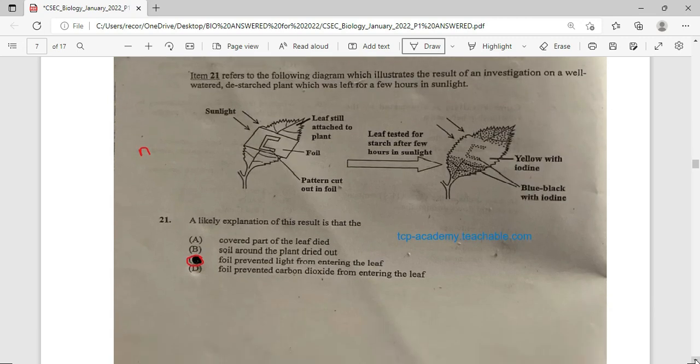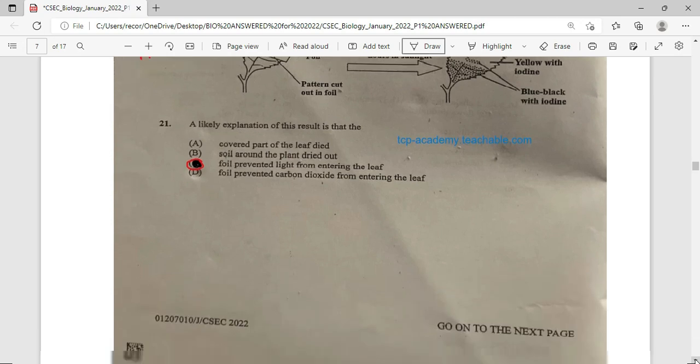And the diagram is as seen on screen. A likely explanation of this result is that the foil prevented light from entering the leaf, and automatically that will cause the area to be destarched. So our answer there being C for 21.